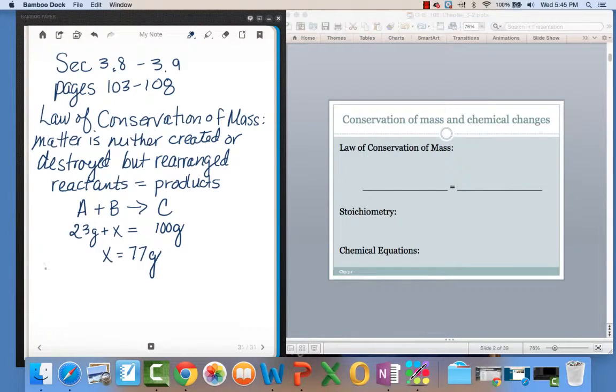And what is stoichiometry? I'm just going to abbreviate it. It's the study of the quantities of the substance consumed and produced in a chemical reaction.